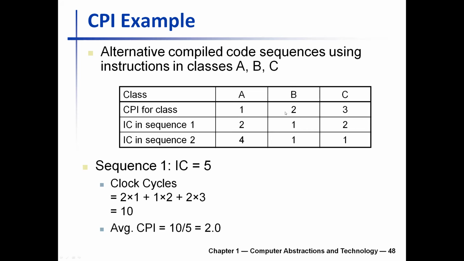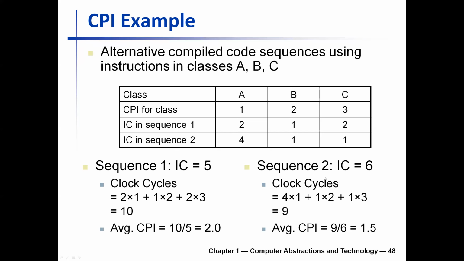Likewise, you can add up the clock cycles for the entire sequence of 5 instructions and come up with 10 clock cycles. So the average CPI for that sequence on that computer is 10 clock cycles divided by 5 instructions, 2.